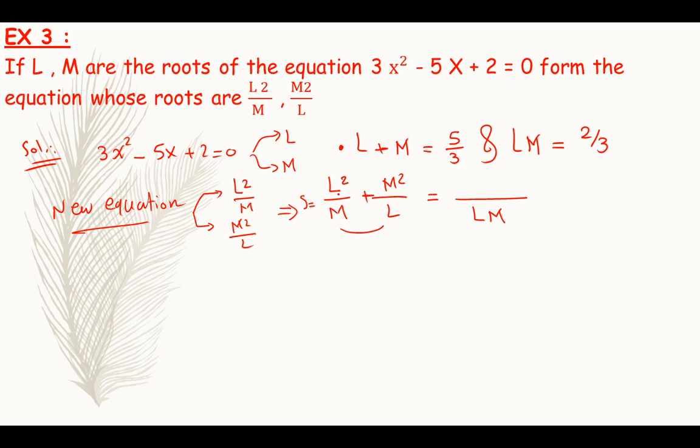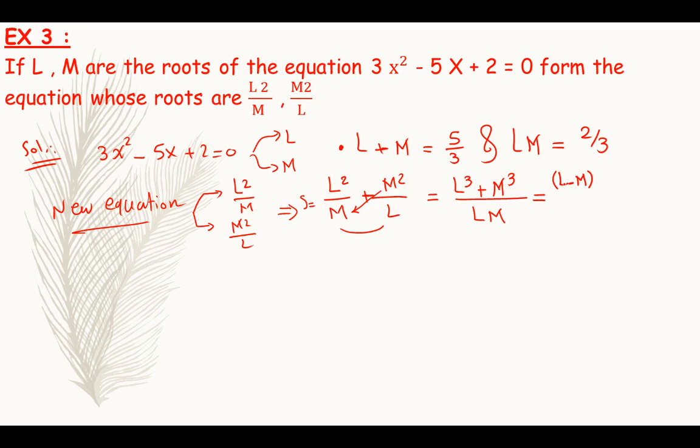Cross multiplication, L power 2 times L will be L power of 3 plus M power of 2 times M, which is equal to M power of 3. Again, L power of 3 plus M power of 3 is one of the rules given in the first slide.